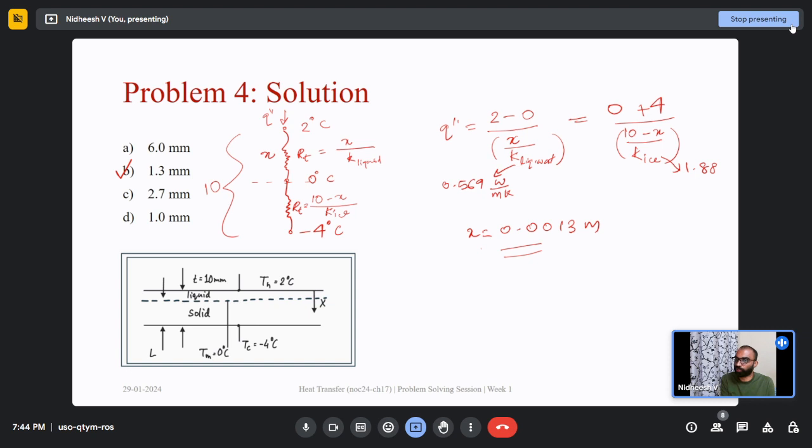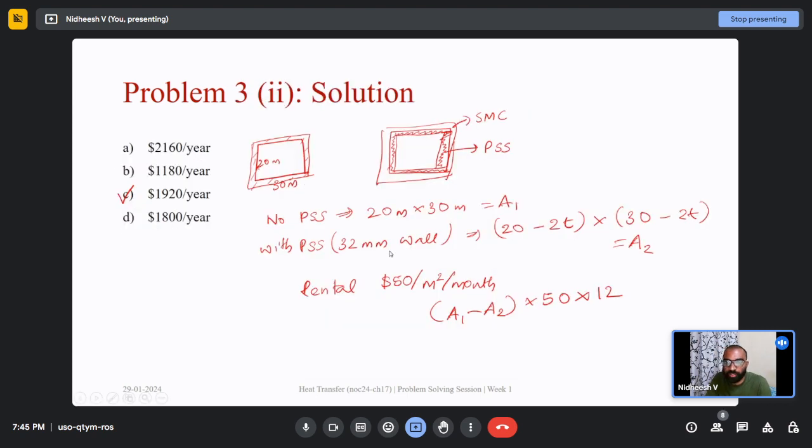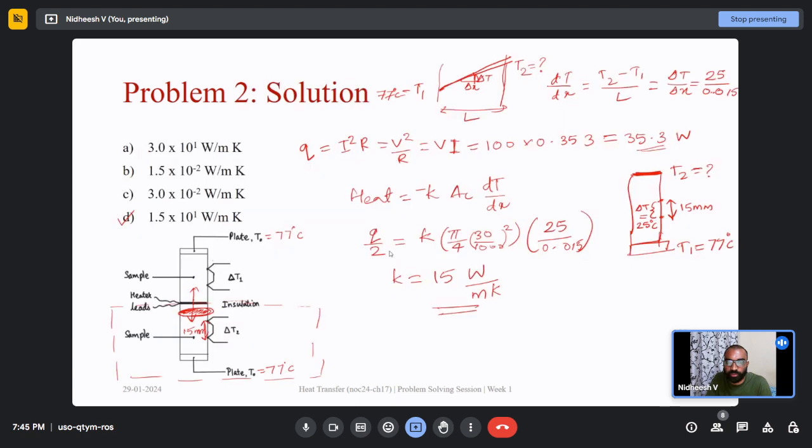But if it is a new material for which we don't know the thermal conductivity, then yes, it would be difficult, and we will have to go for approaches. First we will need to find out the thermal conductivity. For that we will need to go for approaches as you see in this problem, right?